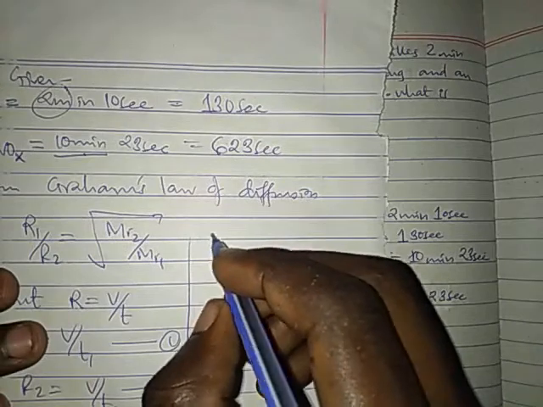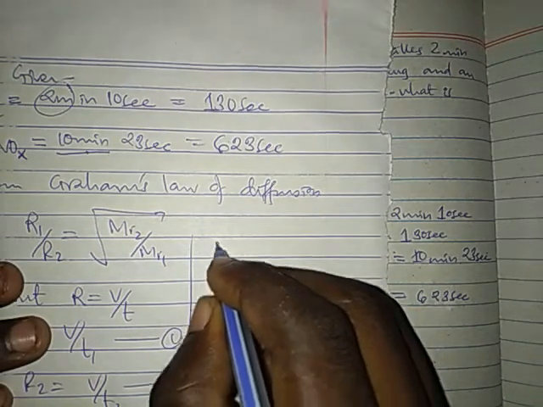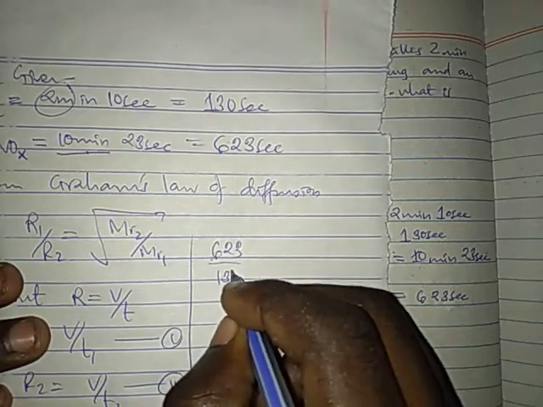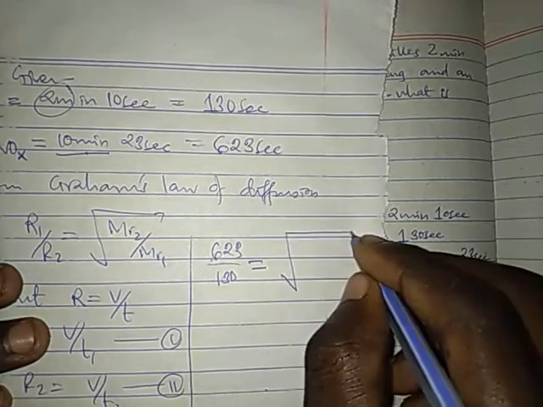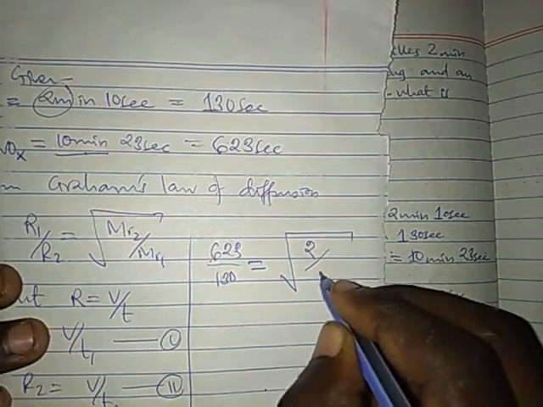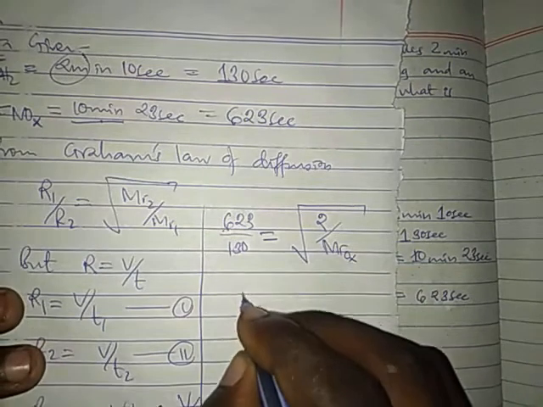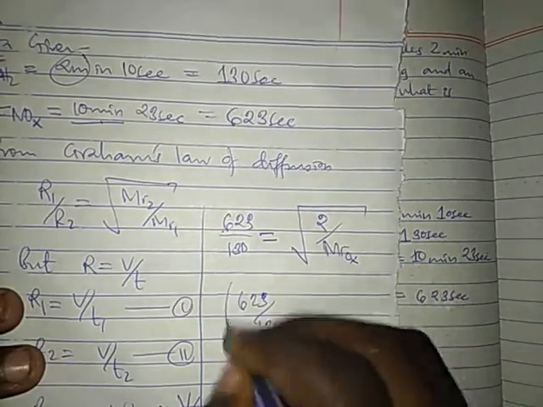Kwa hiyo from there, time ya nitrogen oxide ilikuwa ni 623 kwa 130. Hizo unit second manake zinaisha. Sawa sawa na square root ya molar mass ya hydrogen ni 2 gawanya kwa molar mass ya oxide of nitrogen ambayo hatujui.